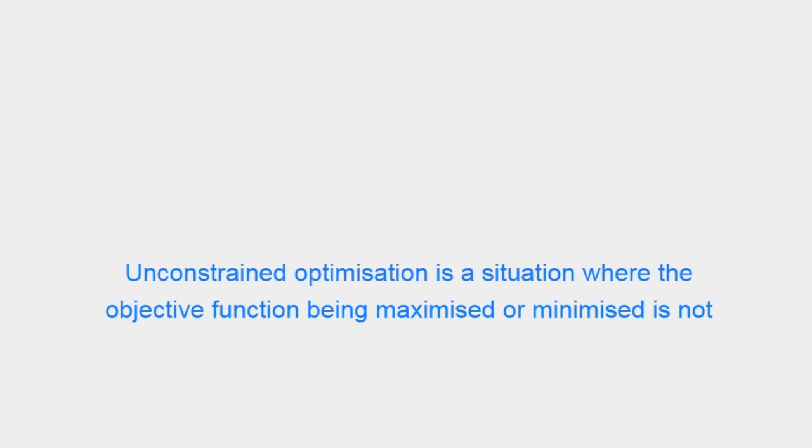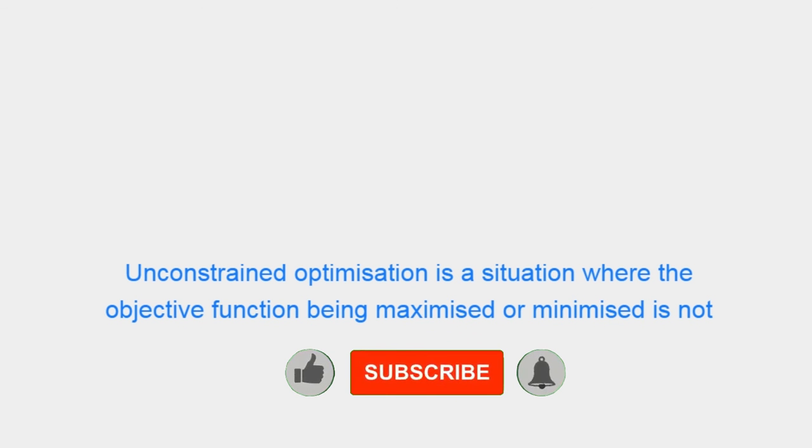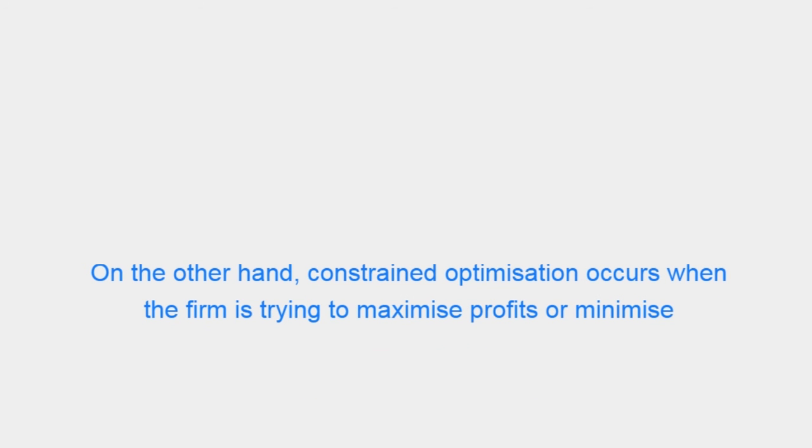Unconstrained optimization is a situation where the objective function being maximized or minimized is not subject to constraints. On the other hand, constrained optimization occurs when the firm is trying to maximize profits or minimize costs in the face of constraints such as limited skilled labor and limited raw materials.